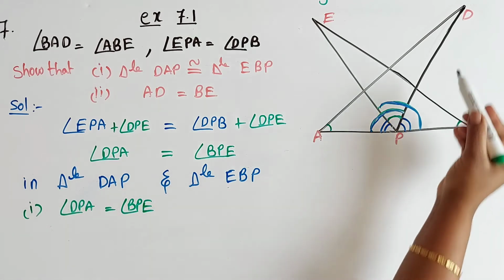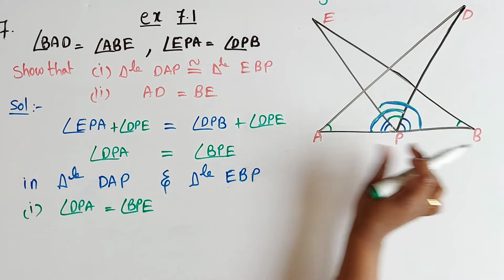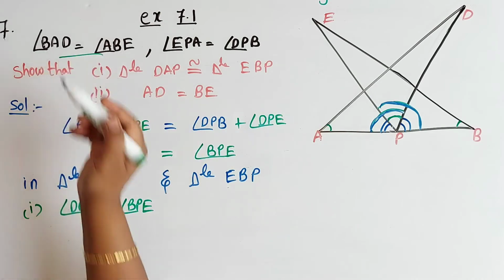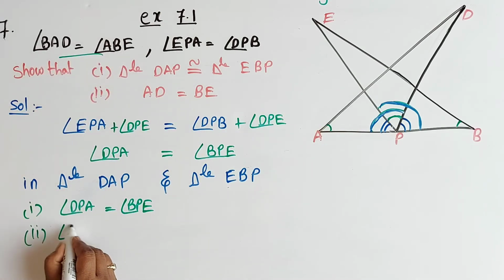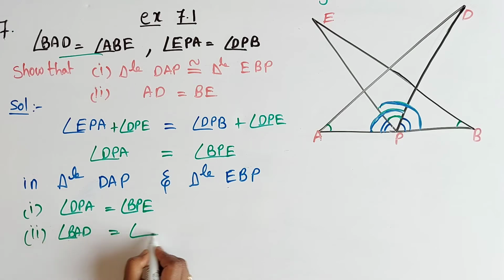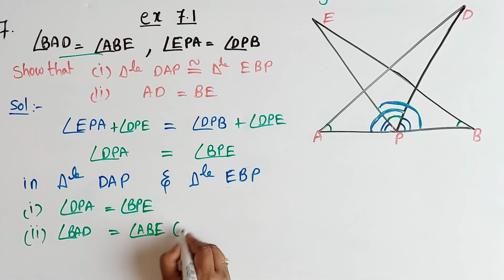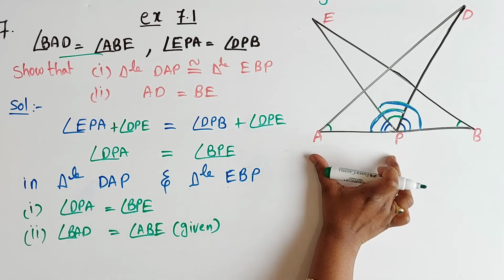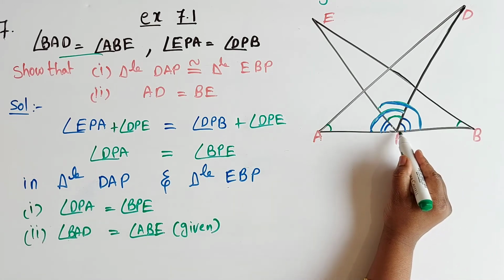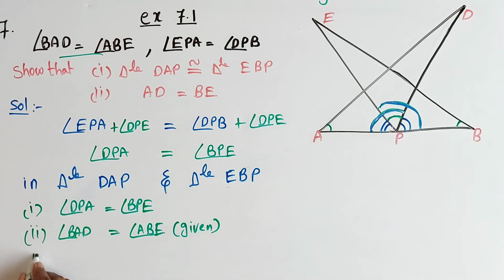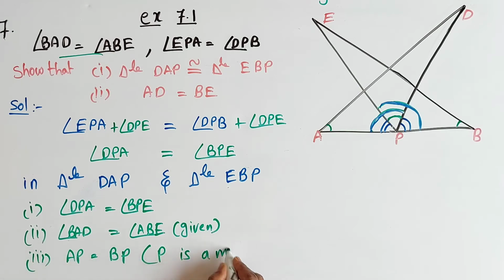And the second one, they have already given that angle BAD equal to angle ABE. This is BAD and this is ABE. It is already given. And what is the third point, children? See here, AP equal to BP. Why? Because they already said that P is a midpoint. So we can write that AP equal to BP. What is the reason? P is a midpoint. It is already given.